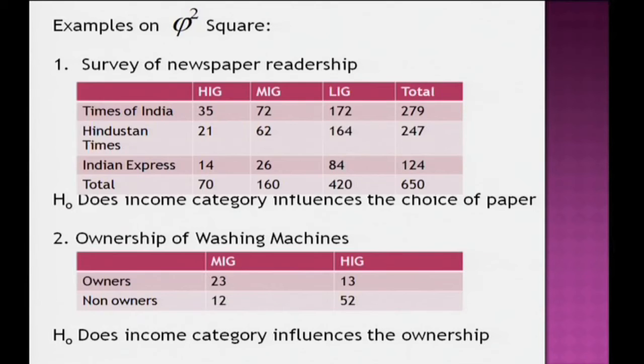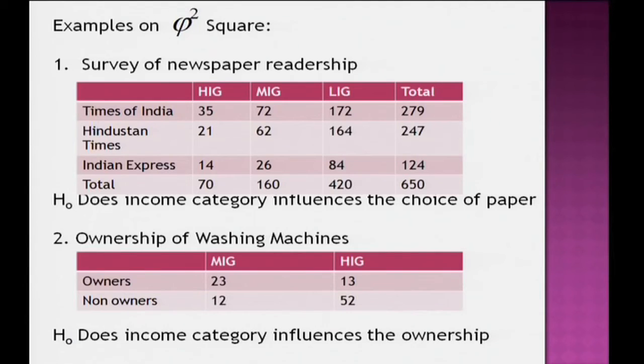So, can we say there is any association between the kind of newspaper they read and the category? HIG means obviously high income group, LIG lower income group. Can we conclude the income category influences the choice of paper?